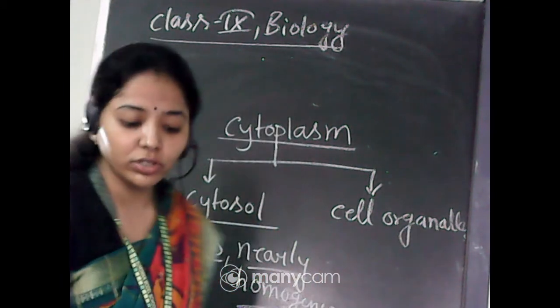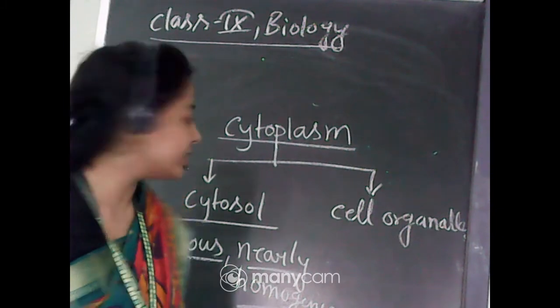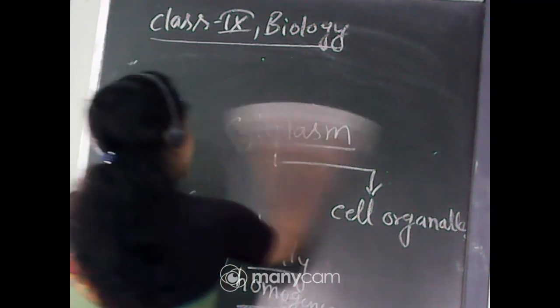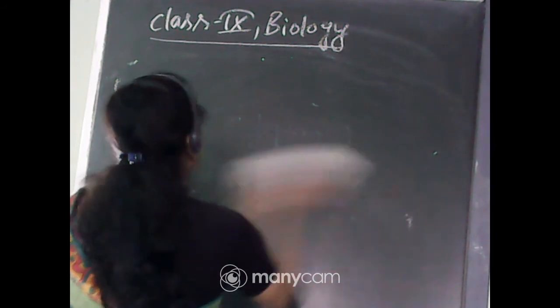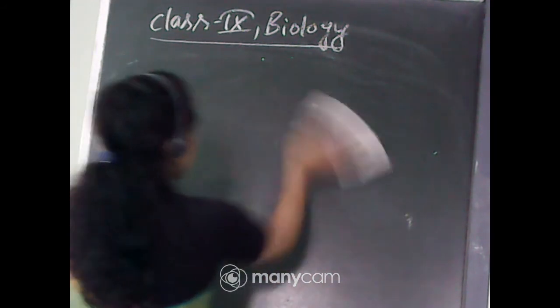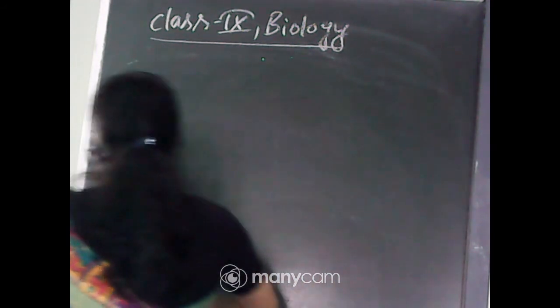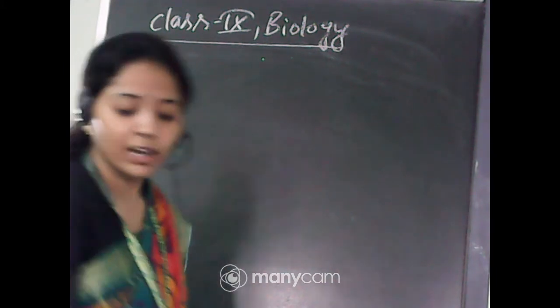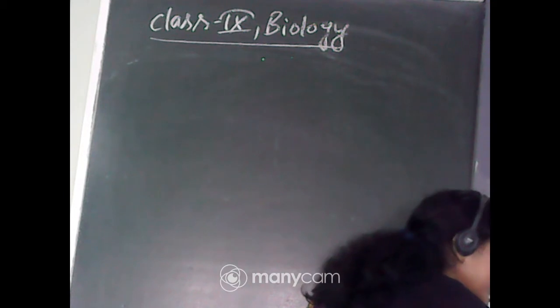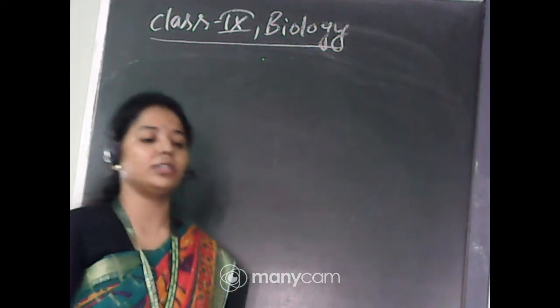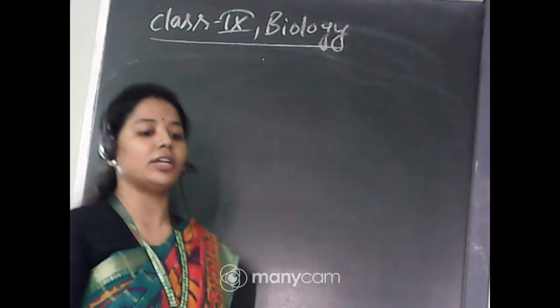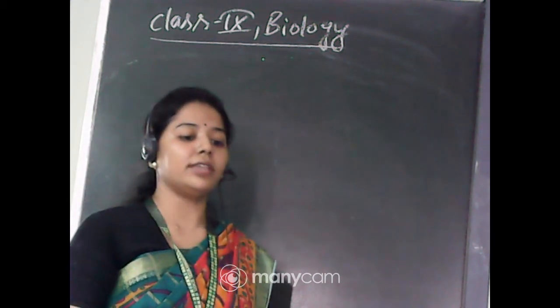Now comes to the last portion. In the next class, I will describe the cell organelles in more detail. Just now I will tell about some cell organelles. I have told you, these are subcellular, submicroscopic structures present in the cytosol or cytoplasm of a cell.